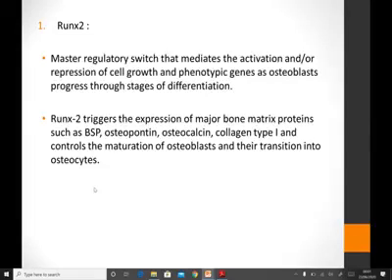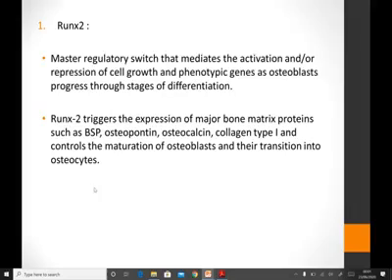bone forming cells. Talking about the runt related transcription factor 2, this transcription factor basically is a master regulatory switch which mediates both the activation and repression of the cell growth and phenotypic genes as the osteoblasts progress through different stages of differentiation.